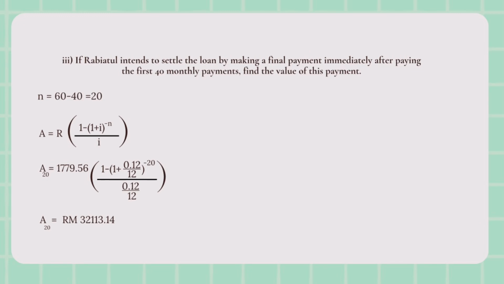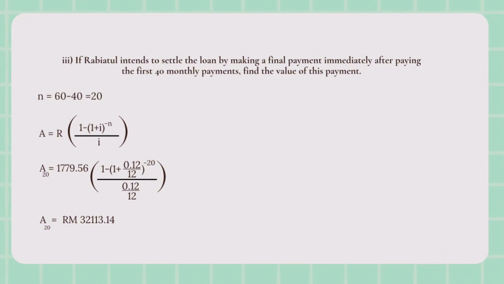The question states that Rabiatul wants to settle the loan immediately after making the first 40 monthly payments. We are asked to find the value of the final payment. First, we determine the remaining number of payments. The total loan period is 60 months. Rabiatul has already paid 40 months.